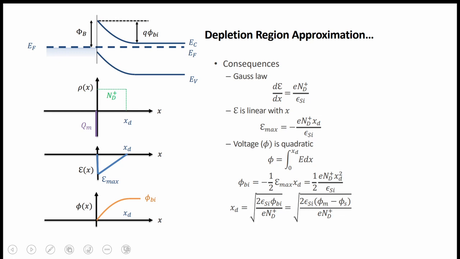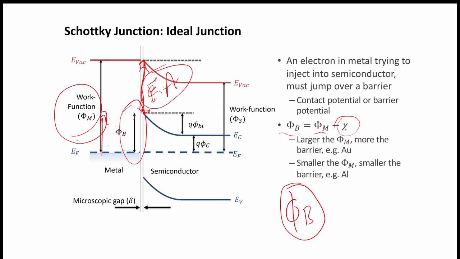And now let us find out some other things, like how much the depletion region width is, this WD, or we can say XD, whatever. There are different notations used in different books. So we will calculate the depletion region width.